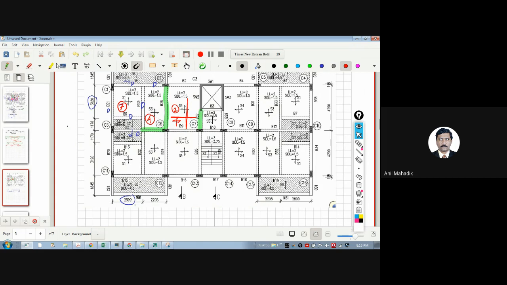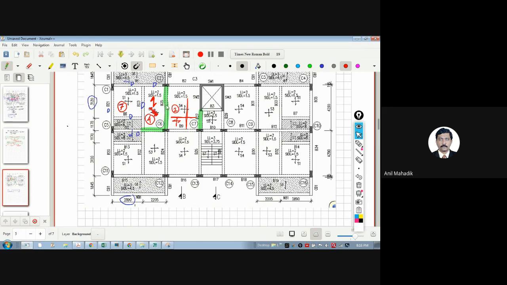For example, what I'm trying to say, let me remove this first. For that, let's say my slab is like this. Assume. Now can I have this continuity for S4? Can this be continuity? No, sir. Because my adjacent slab is having span perpendicular, not in the horizontal direction.